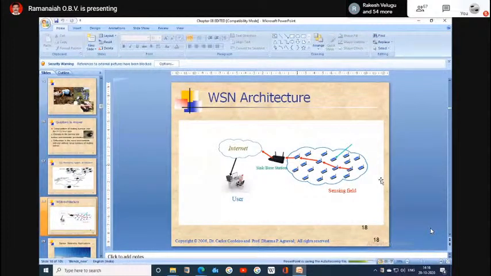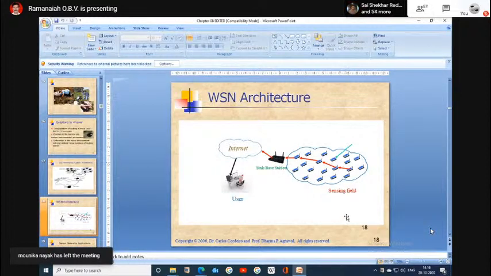And how is that data communicated back to the sink? There is a lot of subject here, like in-network processing. One student raised that in the morning. So there is a lot of in-network processing before the useful information is delivered to the base station.